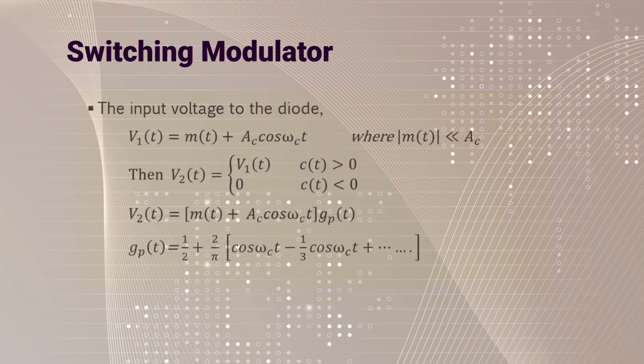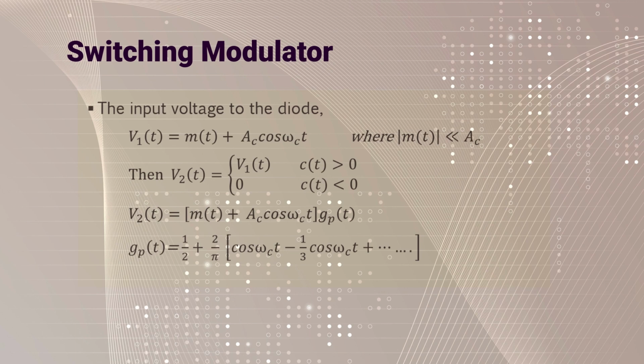The input to the diode is the addition of the message signal and the carrier signal, which is given by v1(t) equal to m(t) plus Ac cos omega c t, where the magnitude of m(t) is very much less than Ac. The v2(t), which is the output of the diode circuit, is given by v2(t) equal to v1(t) when c(t) is greater than 0, and for c(t) less than 0, v2(t) is equal to 0.